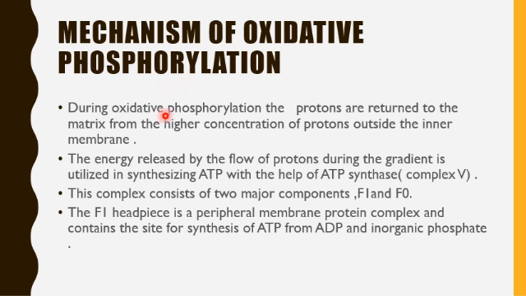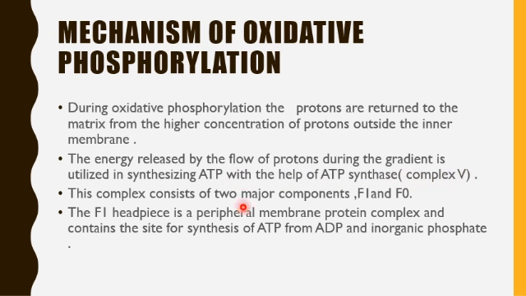Mechanism of oxidative phosphorylation. During oxidative phosphorylation, the protons are returned to the matrix from the higher concentration of protons outside the inner membrane. The energy released by the flow of protons down the gradient is utilized in synthesizing ATP with the help of ATP synthetase, the complex fifth.